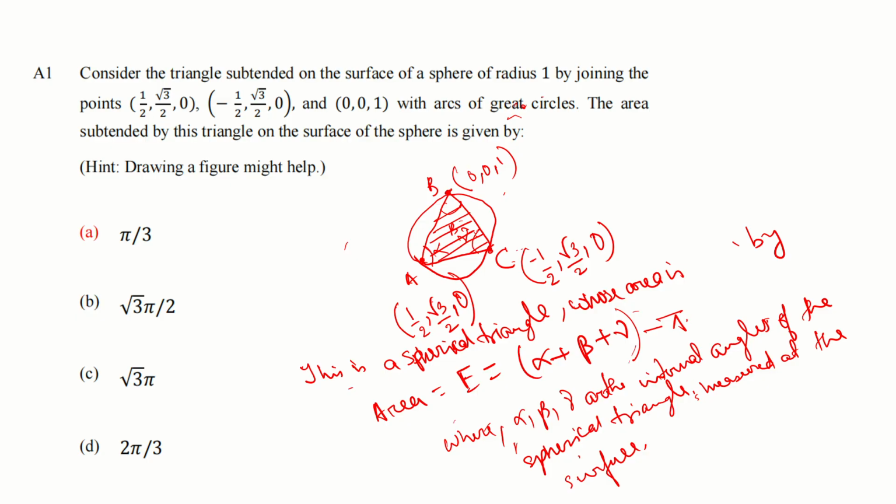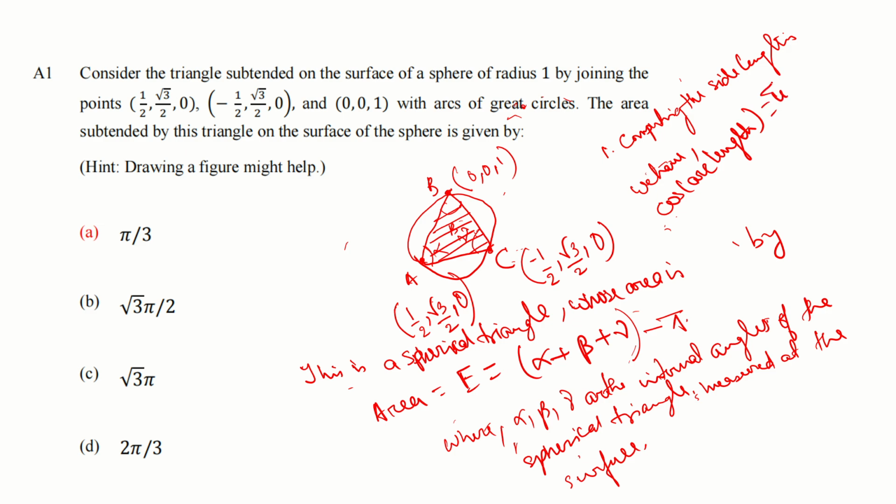So computing the side lengths, we have cos of the arc length equal to the dot product of the two vectors.